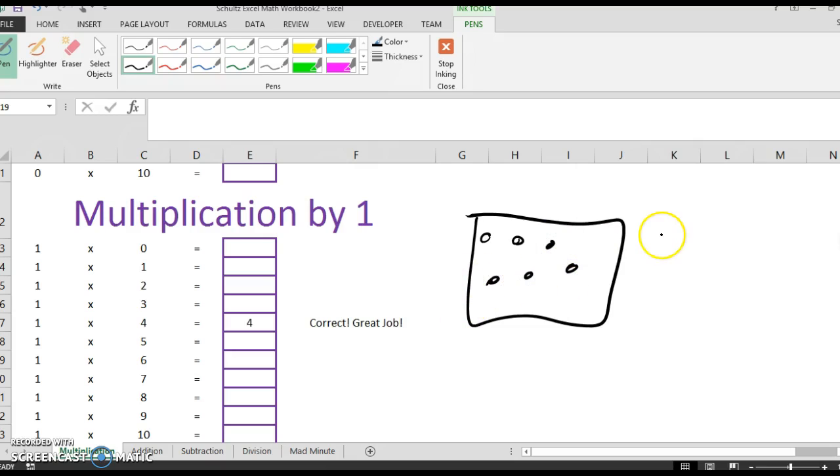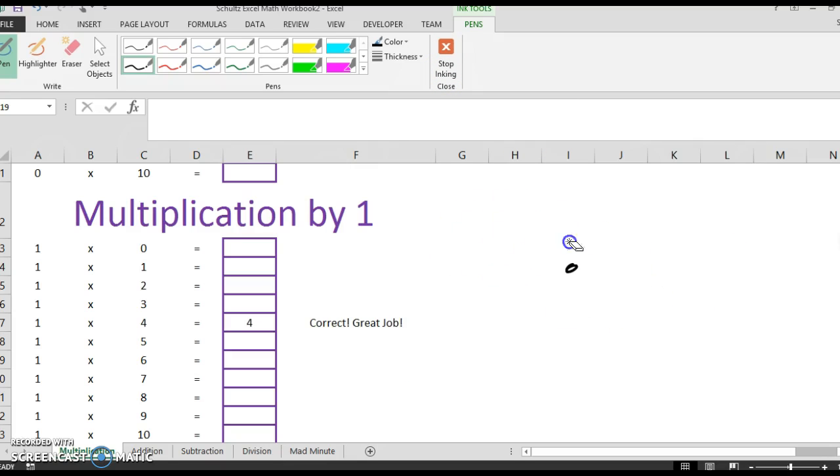How many do I have? 6, right? So I'd come over here. You can erase it or you can leave it, either up to you. I'd come over here and I would put 6. And correct, great job.